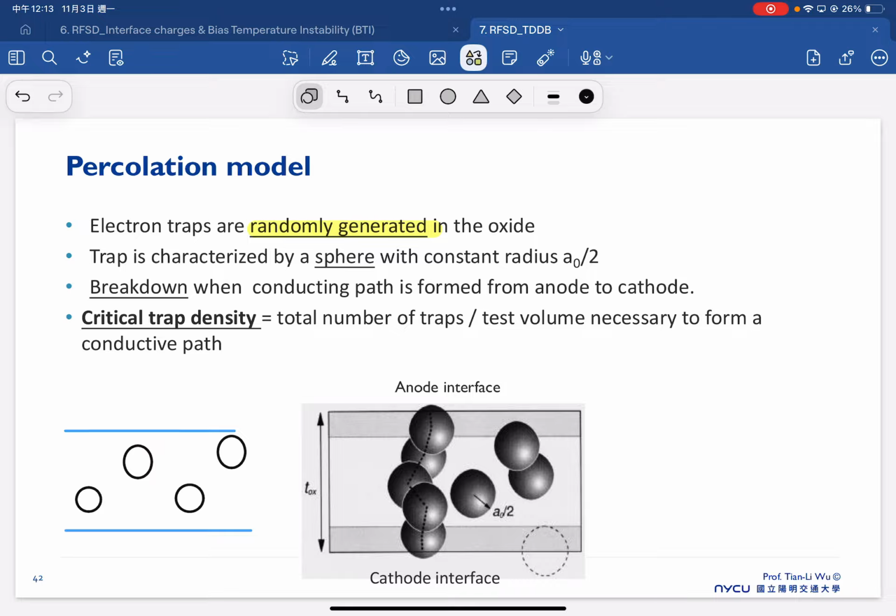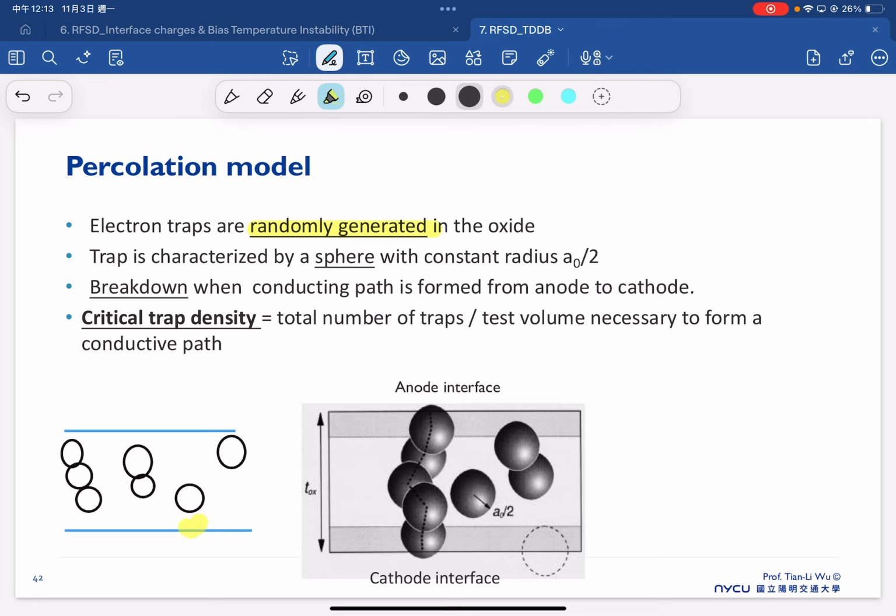But as time passes, the defects can be randomly connected with each other. That just needs time, and it's just a matter of probability. We don't know when, but it will happen. The next could be here, and the next could be here.